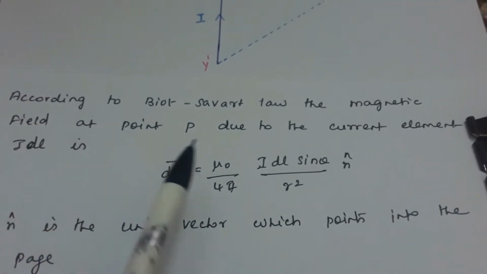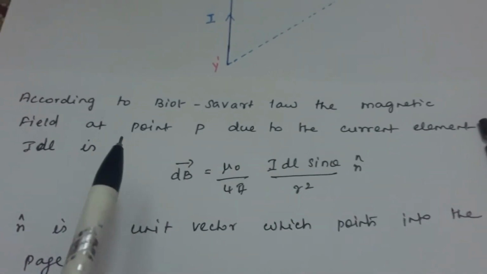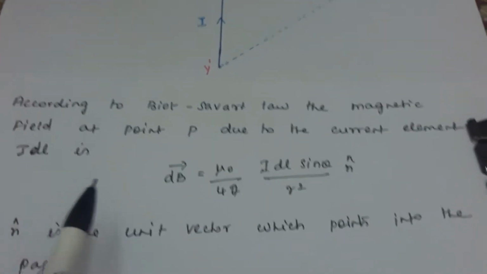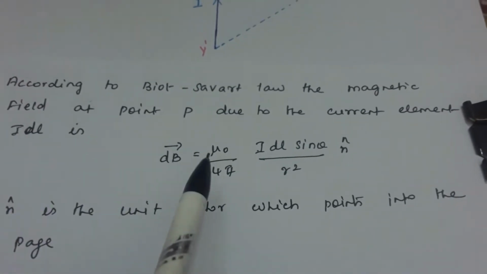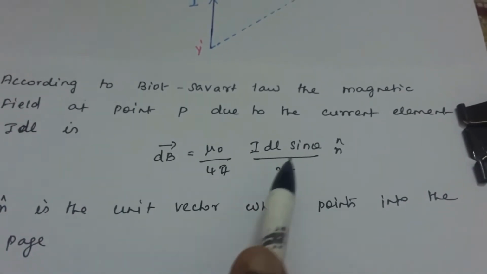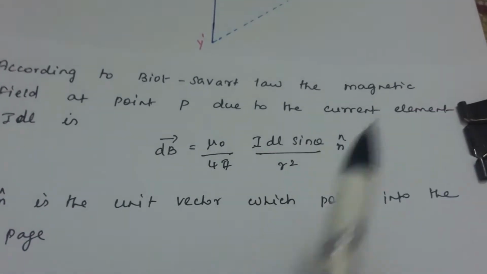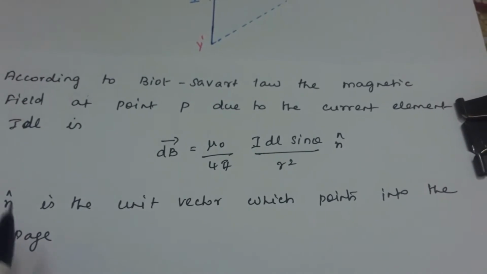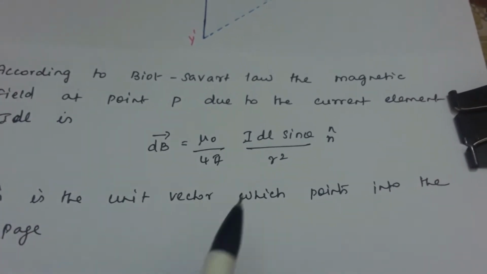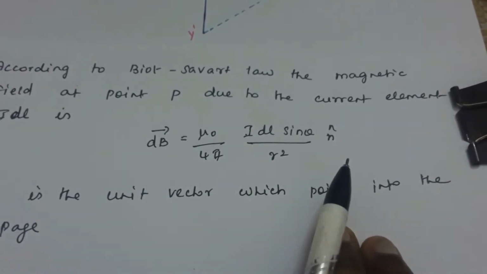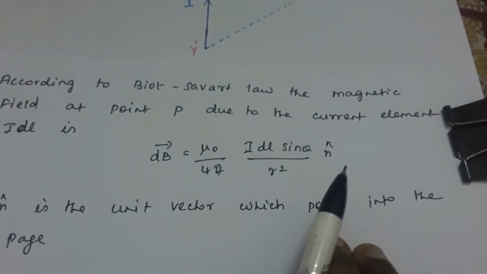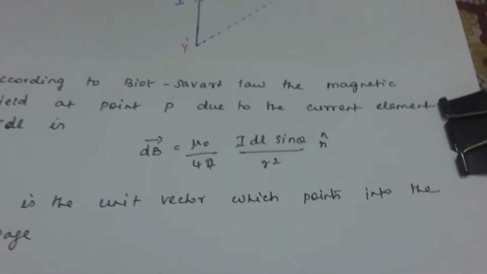According to the Biot-Savart law, the magnetic field at point P due to the current element Idl is dB vector equal to mu 0 by 4 pi, Idl sin theta by r square, into n unit vector, where n is the unit vector which points into the page. So now we have written the Biot-Savart law.